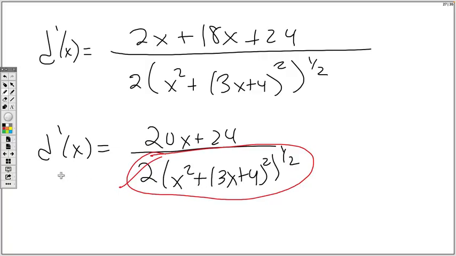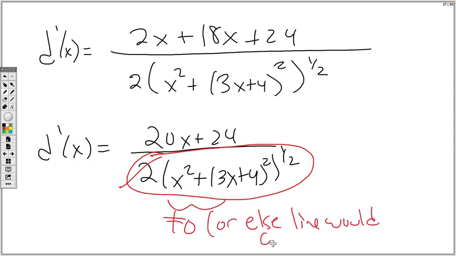Well, if it did equal 0, I mean, this is the distance, you follow, to the line. And does the line go through the origin? No, so it can't. So this will never be 0. So this is never 0. Or else the line would contain the origin.